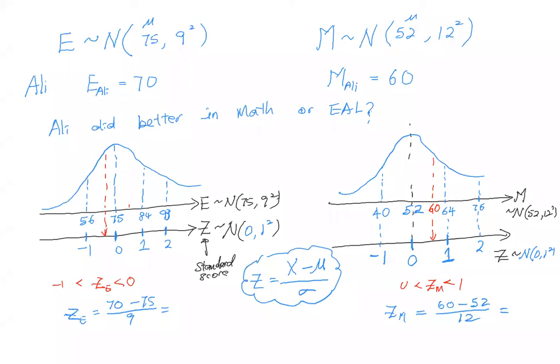Shouldn't it be 66 instead of 56? It should be 66 instead of 56. Oh, 75 minus 9, yes, on the left of the graph. Okay, 66, you are right.